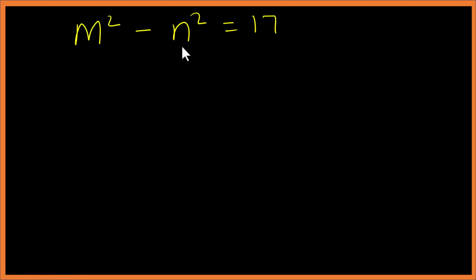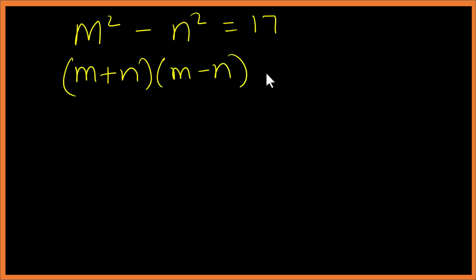From here we can write this as a difference of two squares. That will be m plus n, then m minus n equals 17. Now remember, m plus n is more than m minus n. If you like, you can let m and n be numbers and see what will happen. This one is plus and this one is negative, so this one is more than that.